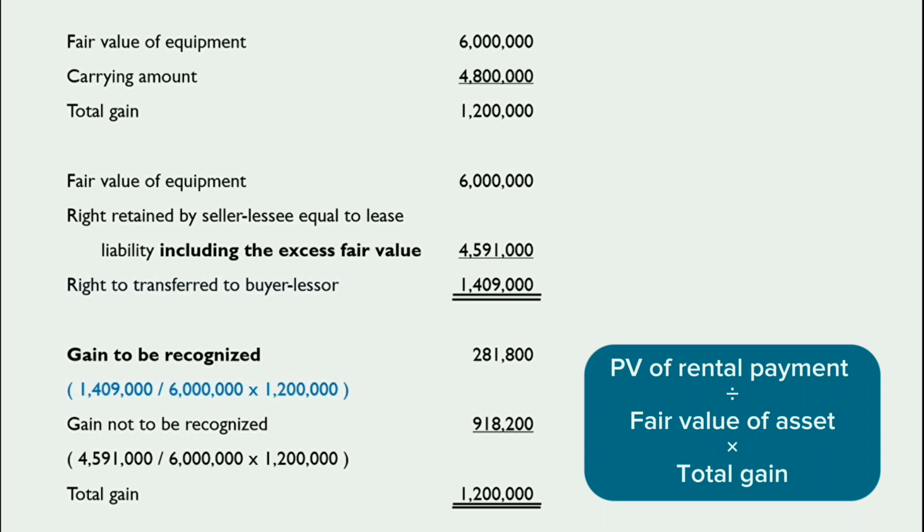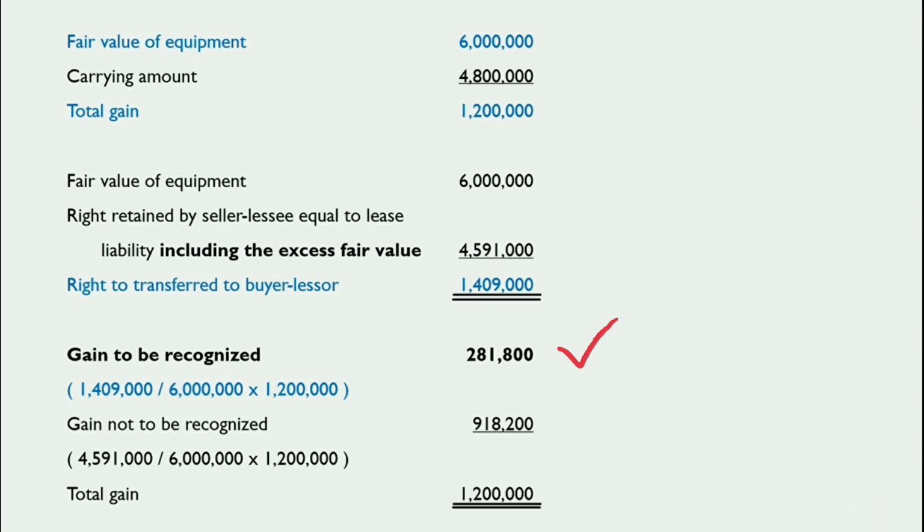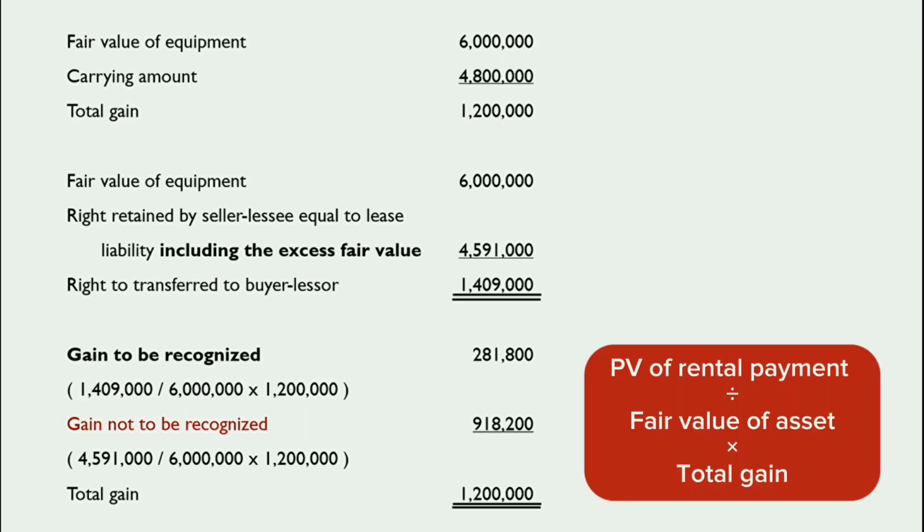So, gain to be recognized, we will use the right transferred to the buyer lessor na 1,409,000. I-divide natin sa 6 million na fair value of the equipment and multiply to the total gain na 1,200,000, which will give us the amount of 281,800. So, yan yung gain to be recognized kasi yan yung na-transfer na. Sa gain na not recognized naman is gagamitin natin yung amount na right retained by the seller, yung 4,591,000, yan yung lease liability.